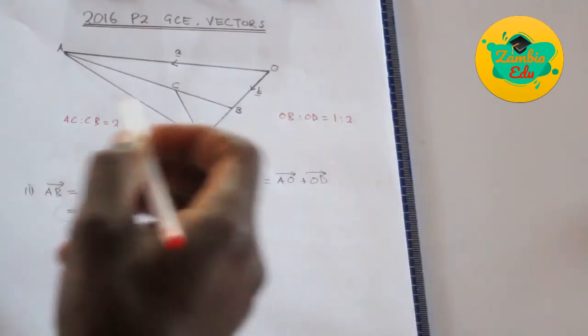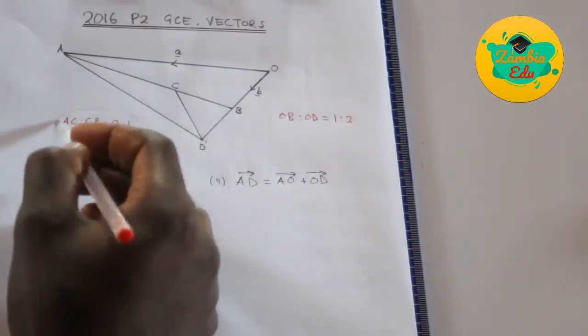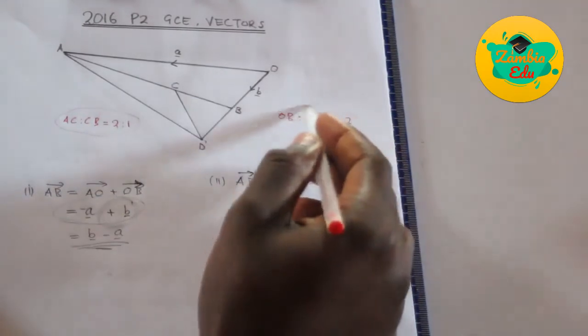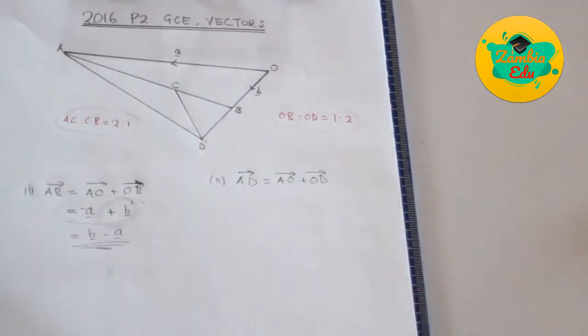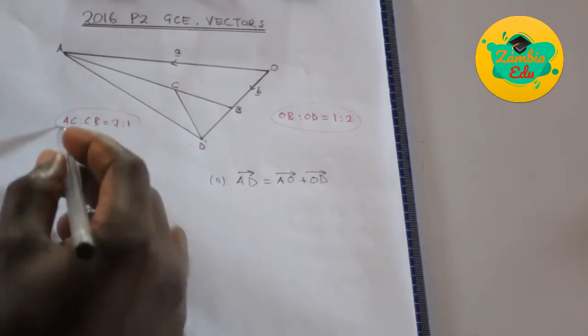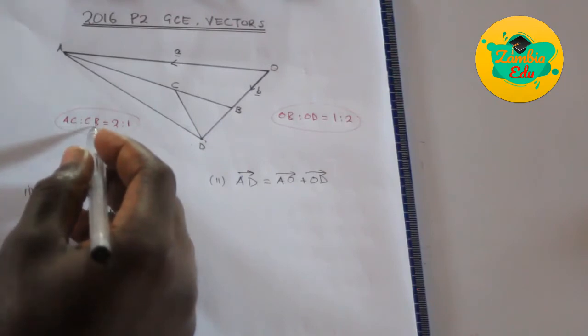So, if you look at these two ratios carefully, they are two different ratios. Even in the way that we are going to interpret them, it is going to be different. For instance, let's interpret AC to CB.